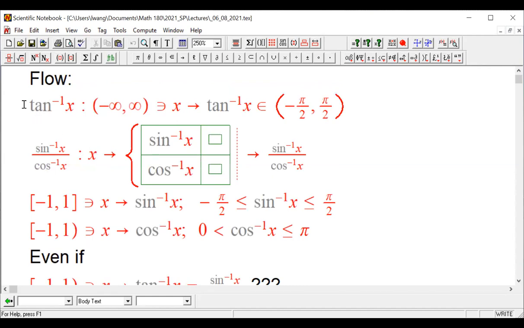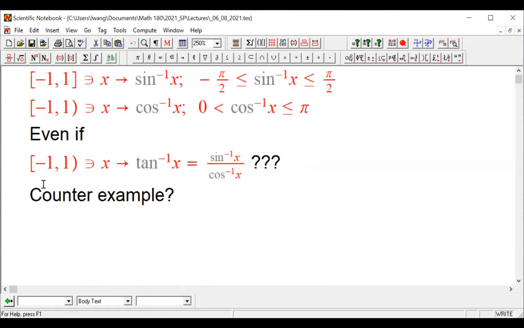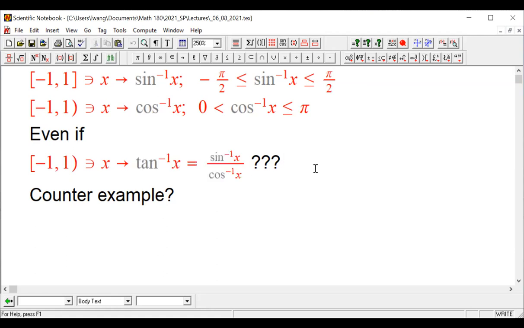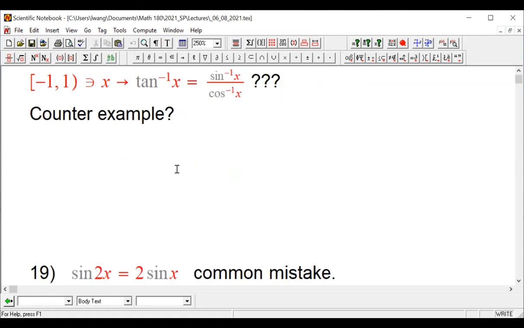If tangent x can be chosen from any real number, then certainly it's okay to choose numbers between -1 and 1 without including 1. So even under these circumstances, is it true? You see how I peel it layer by layer. So let's find a counterexample.